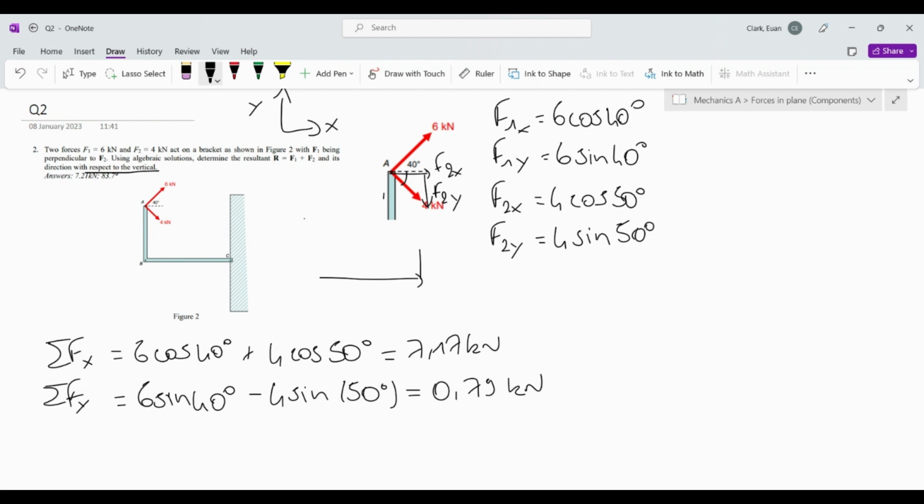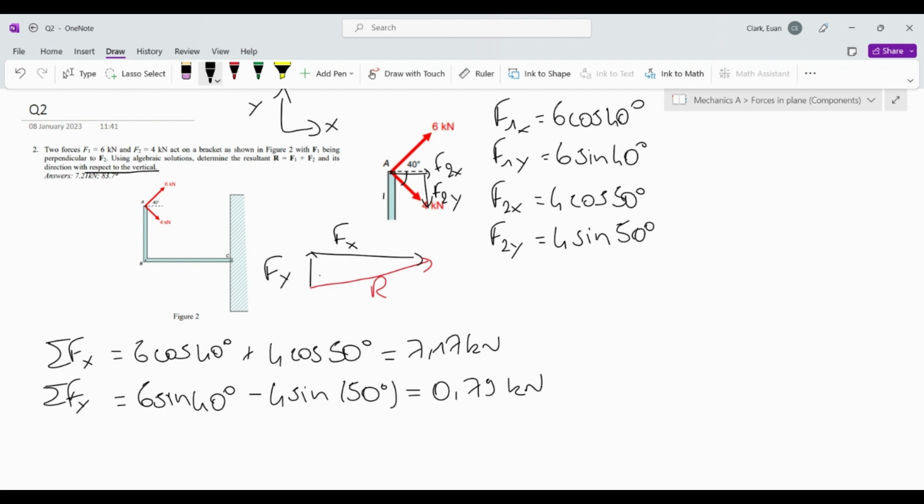Actually, let me draw that out better so it's going to make it easier for us. This is Fy, this is Fx. I'm being silly. This is Fy, this is Fx, and this is going to be our resultant force, R. There we go, sorry about that.